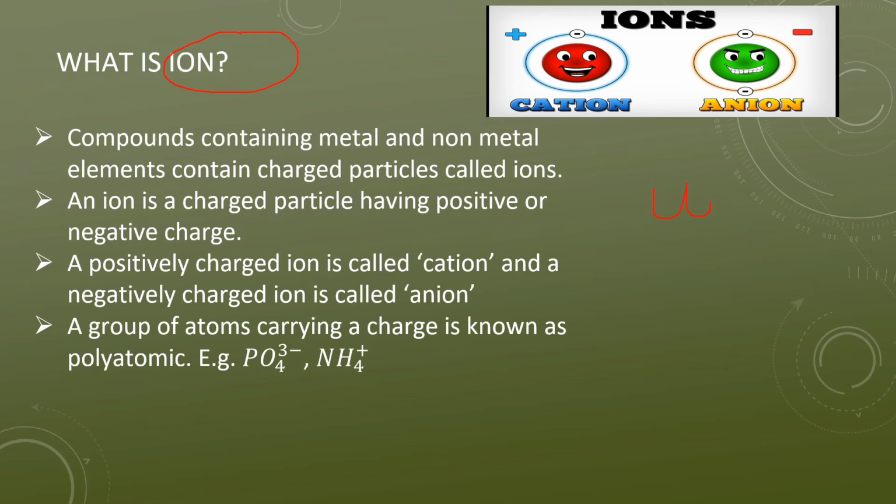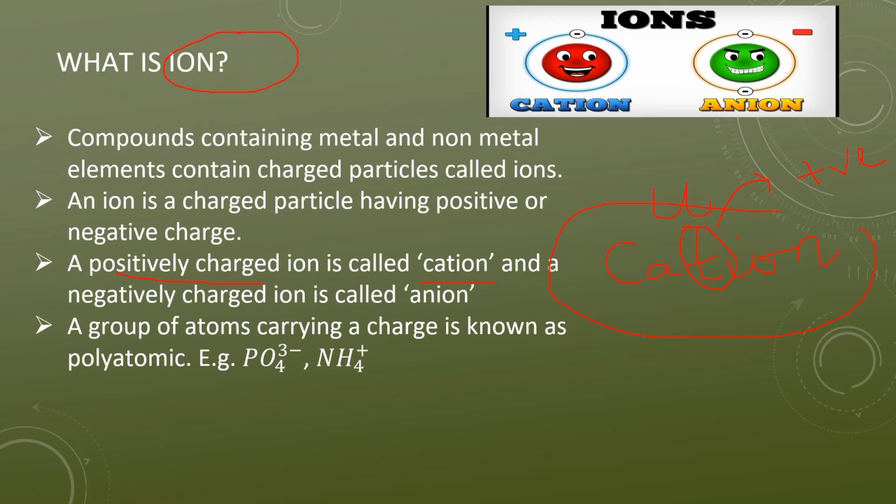Here you see the positive charge. This positive charge is called a cation. C-A-T-I-O-N: this T is present, and this T is exactly like a plus sign, right? So that is why it is called a cation, known as a positive charge.